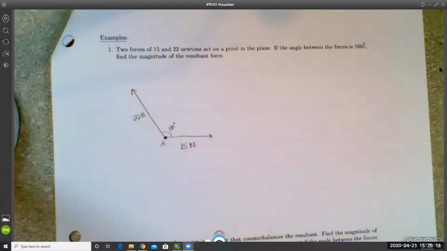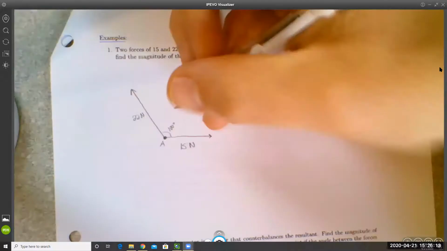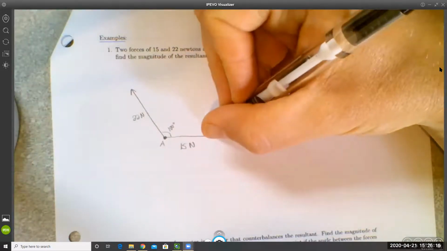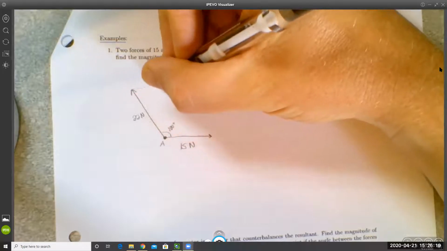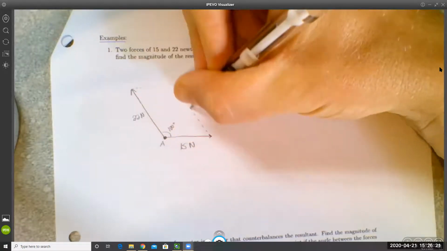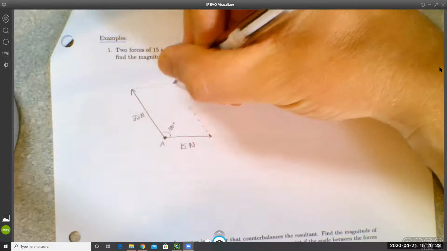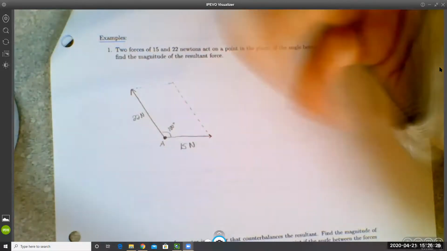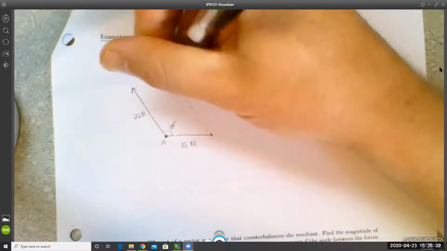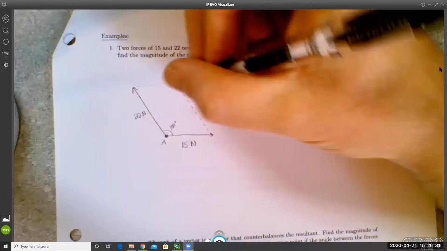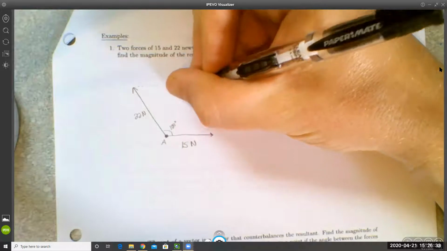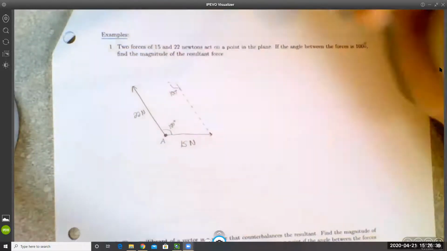Okay, so what I'll do is I'll probably use the parallelogram version of this. So I'm just going to sort of complete the parallelogram. I know because of the rules we just talked about that this angle right here is 100 degrees.